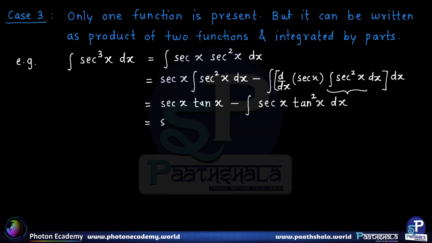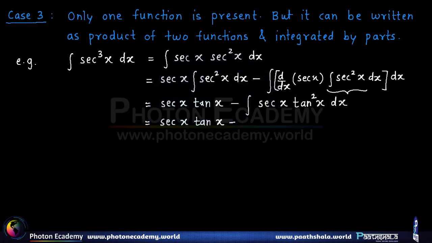Now moving ahead, we have the first term as it is, that is sec x tan x minus, now see, to integrate sec x into tan square x, what we do is we can write tan square x as nothing but sec square x minus 1, isn't it, dx.